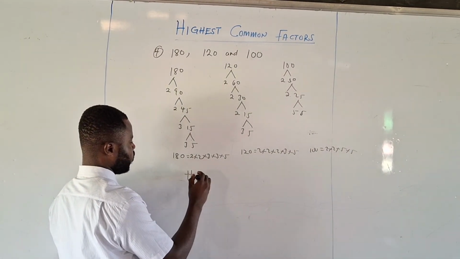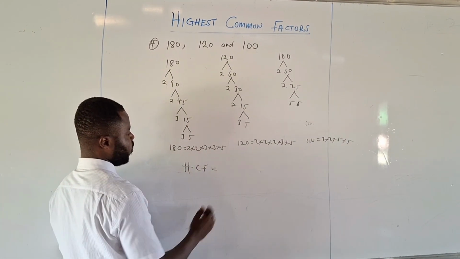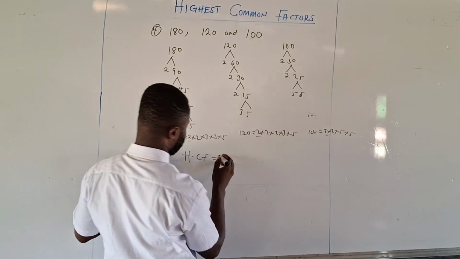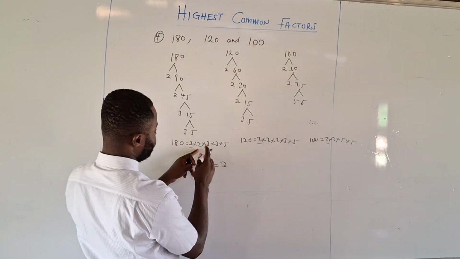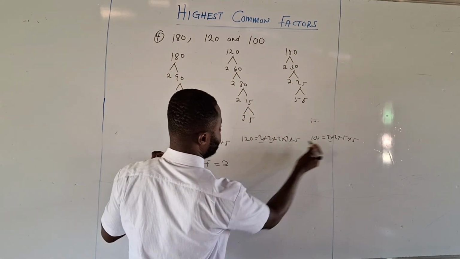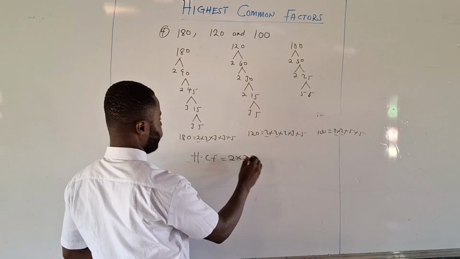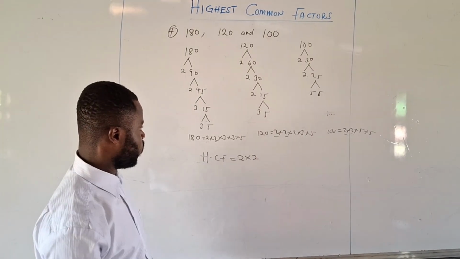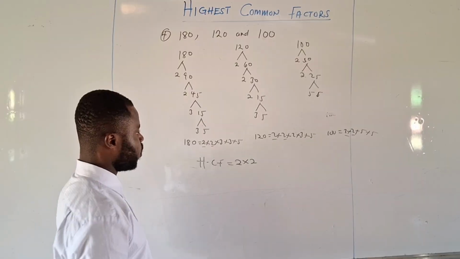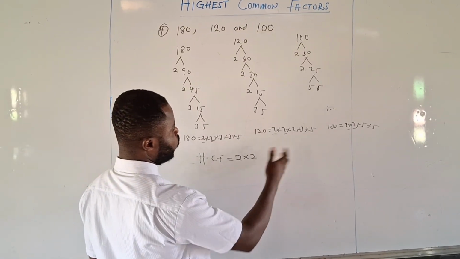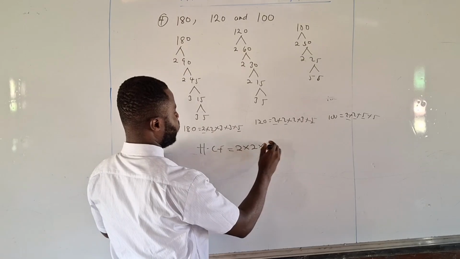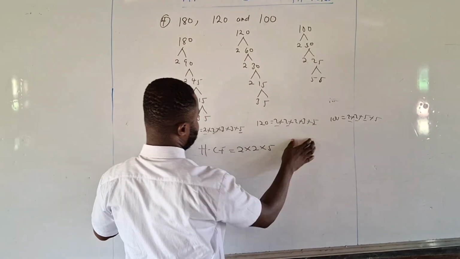Now we are going to select the HCF. So we have 2, 2, then 2. So we write 2, 2, another 2 there. So the two 2's are common. We have 3 here, 3 here, there's no 3, so we can't say they are common. Now we move to the 5, 5, 5, then 5 times 5. So here 5, 2 is here, 1 is here, 1 is here.